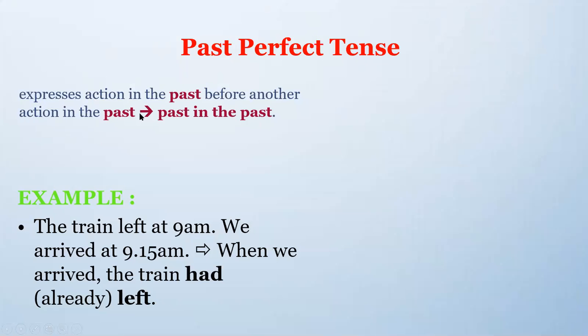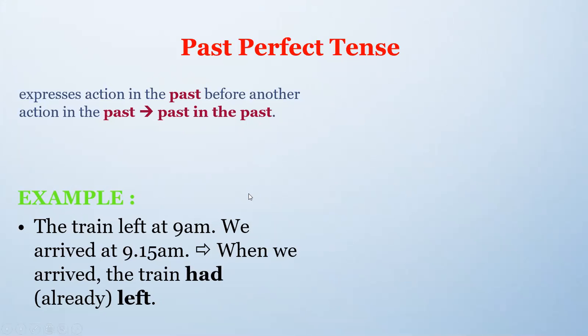So we are talking about something in the past, and it means there are two actions. When there is an action in the past before another action in the past, then we have to use the past perfect tense.